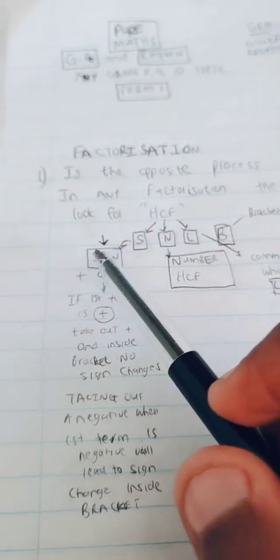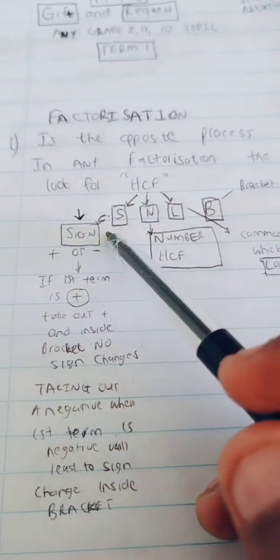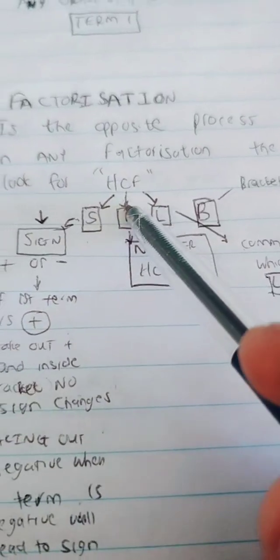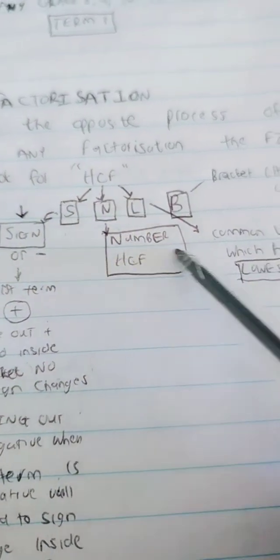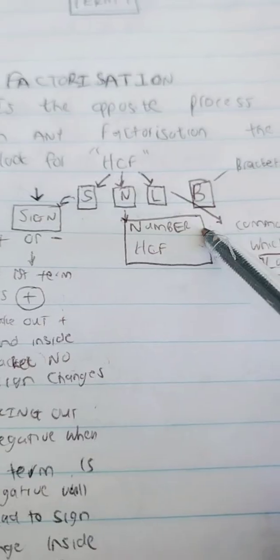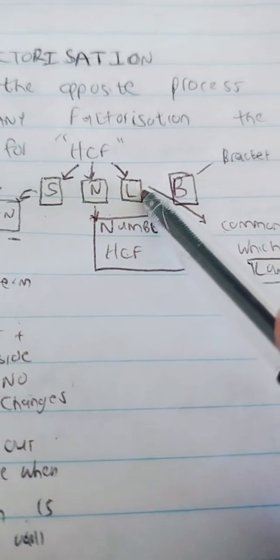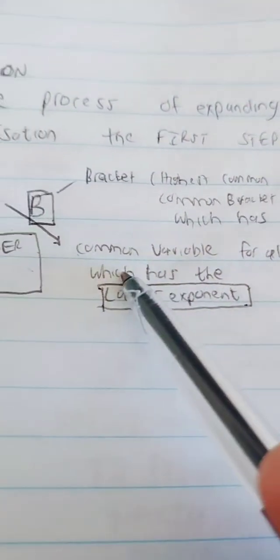So these are things that you need to know, that when you take out the highest common factor, you take out the highest common factor sign, which is the sign of the first term in your expression, highest common factor number, which is the highest common factor between the numbers of the terms in your expression, the coefficients, highest common factor letter, which is the common variable for all terms which has the lowest exponent.